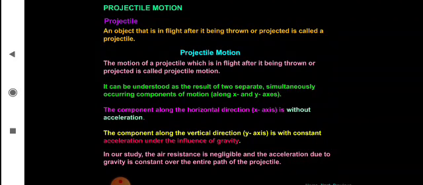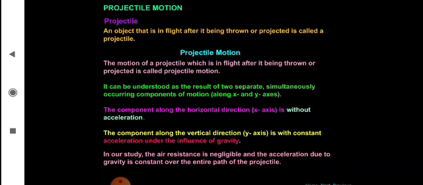The angle between the direction of projection of the object and the horizontal drawn at the point of projection is called the angle of projection.